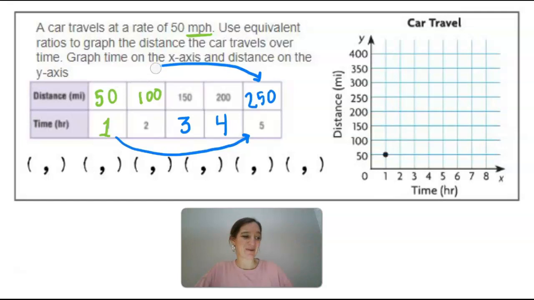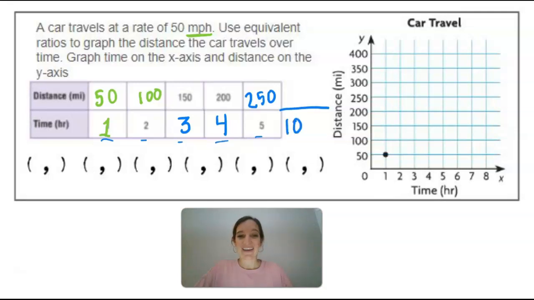And you might be like, well, Mrs. Matson, why don't you just count by ones and count by 50s? You definitely could, but sometimes there'll be a table, and instead of counting with equal intervals, 1, 2, 3, 4, 5, 6, sometimes they'll put like a 10 here. And if I were just to put 300 right here, that would be unproportionate, wouldn't it?